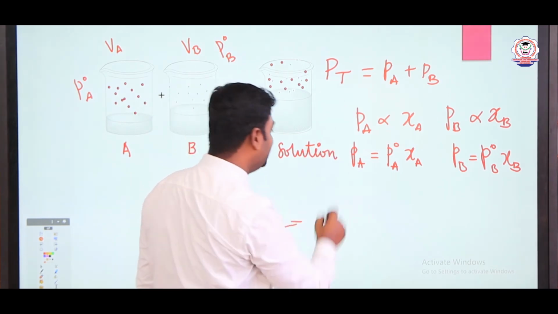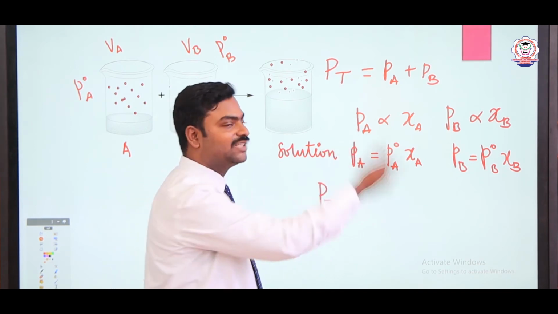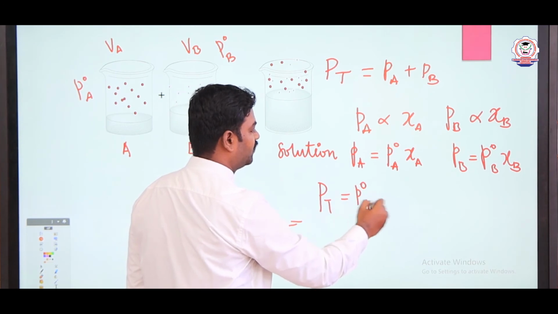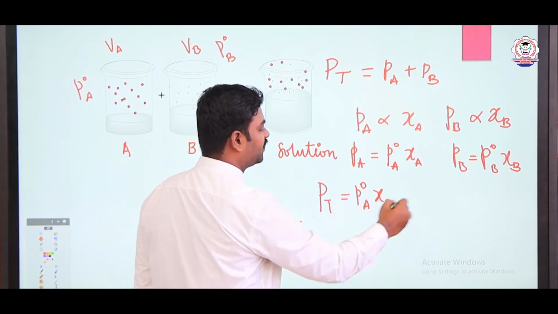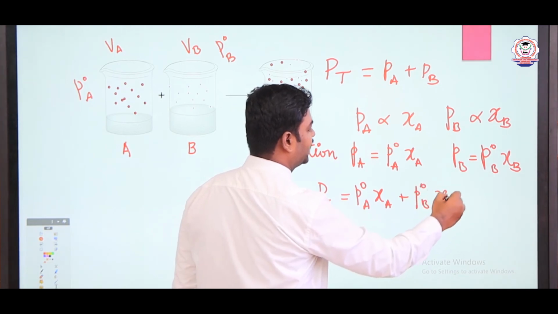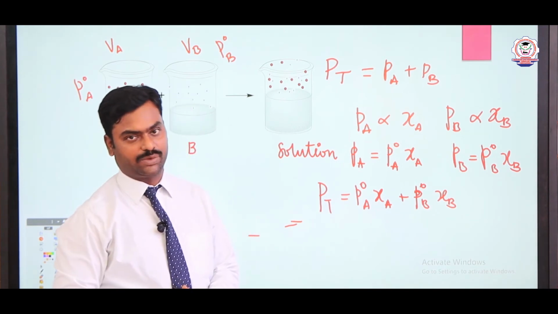Now what about Pt? We can substitute the values of Pa as well as Pb. It will be P naught A into Xa plus P naught B into Xb. This is called the Raoult's law equation.